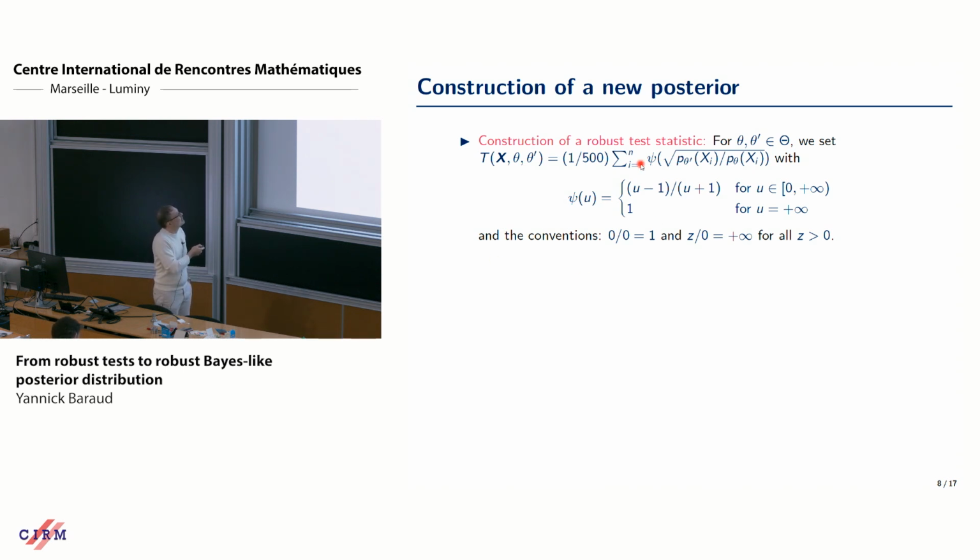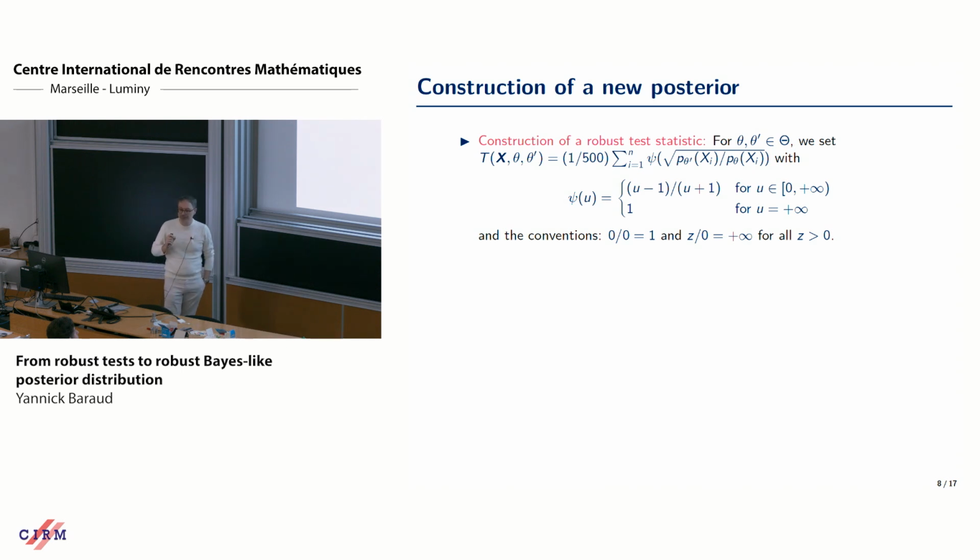It's something that depends on the sum of a function psi of a ratio of densities in my statistical model. So if the function psi here is defined by this formula, it's a function which is bounded by 1. It takes all the values between -1 and 1, and it's very close to the logarithm in the neighborhood of 1.